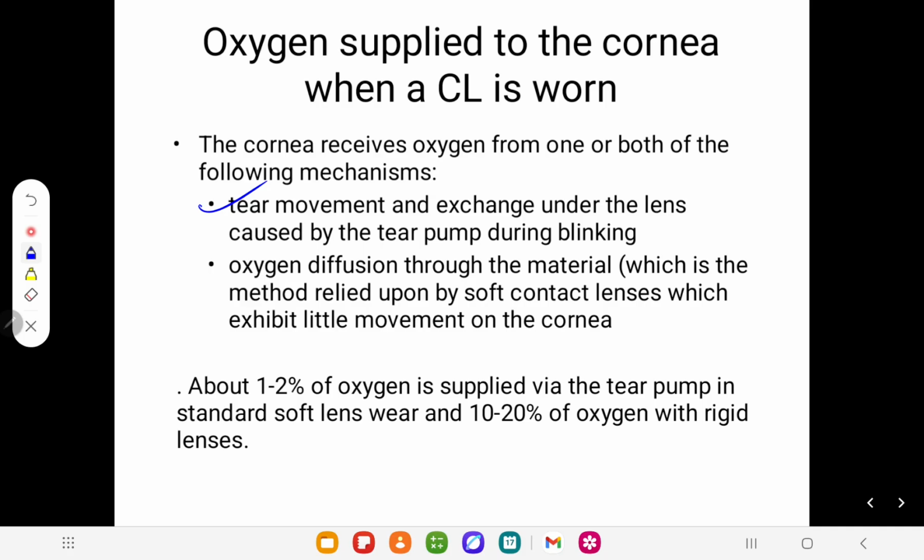Tear movement and exchange under the lens causes the tear pump during blinking, because whenever there is a tear pump below the contact lens, whenever you blink, the old tear is replaced by new tears, and new tears carry new fresh oxygen, isn't it? So it means that whenever there is a tear pump going on during blinking under a contact lens, your cornea will get oxygen. So that is one method.